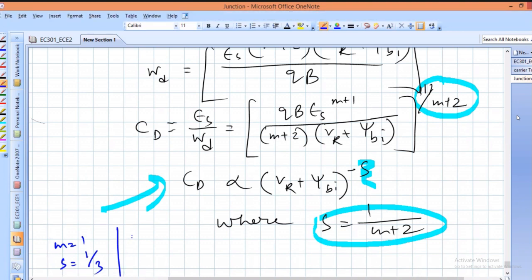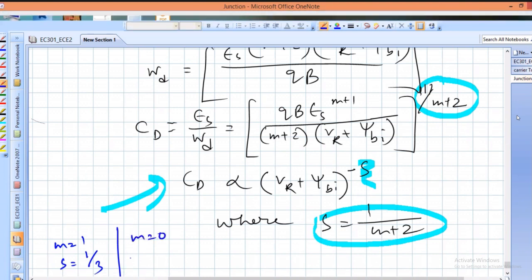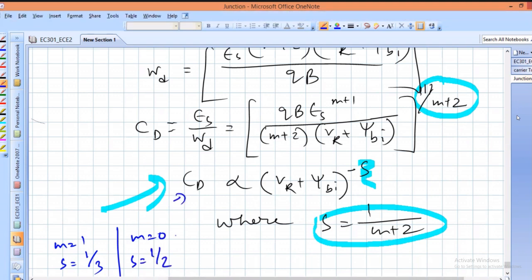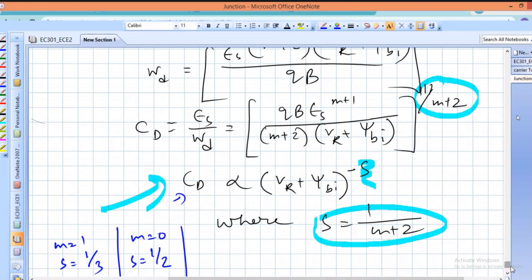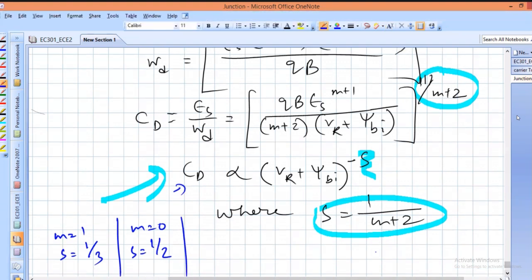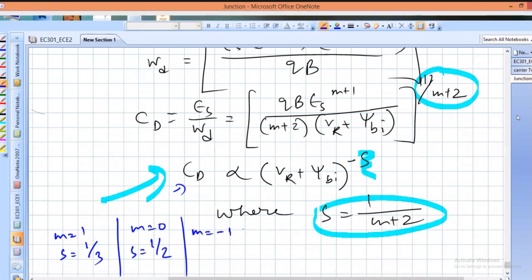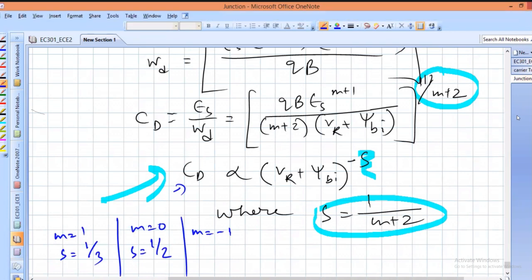Abrupt junction means m is equal to 0. So what will be the value of S? S is 1 by 2. See how CD varies. Next, suppose I consider m equal to minus 1. Then S will be equal to 1.